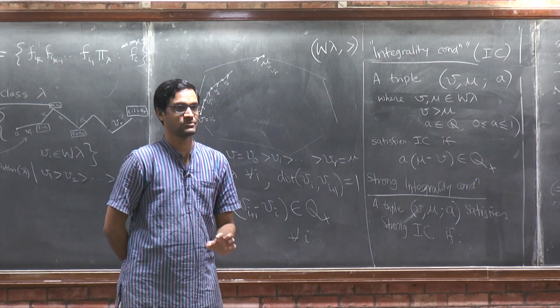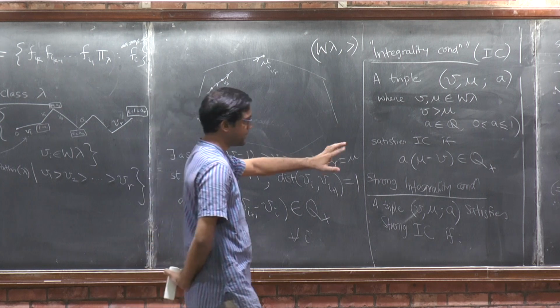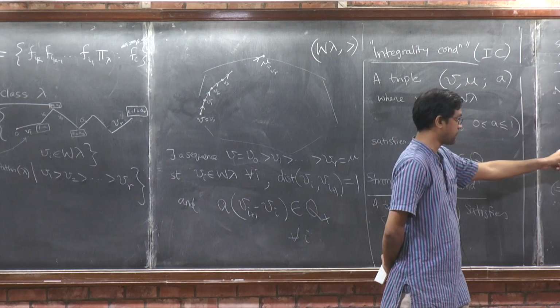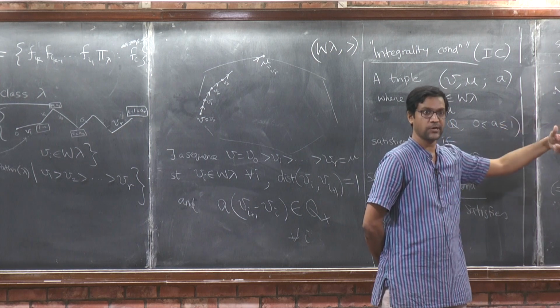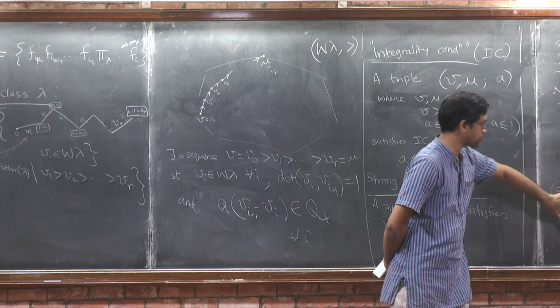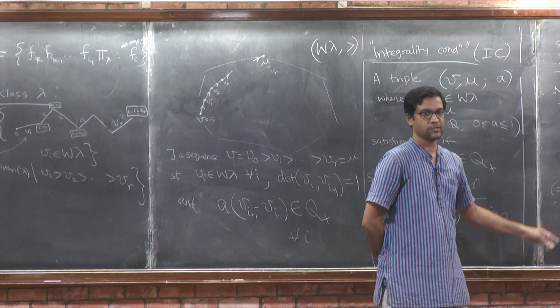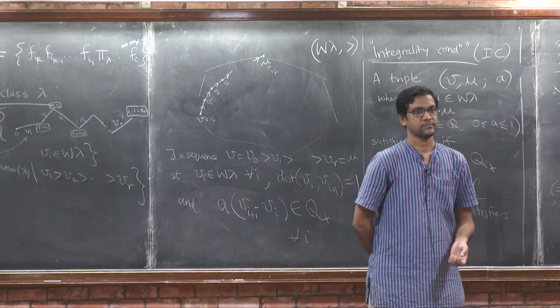Here, nu greater than mu always means they also differ by reflections, I should be able to reach one from the other by reflections. That's another condition here. And this portion is the opposite of the other convention: it's mu minus nu should be in Q plus.